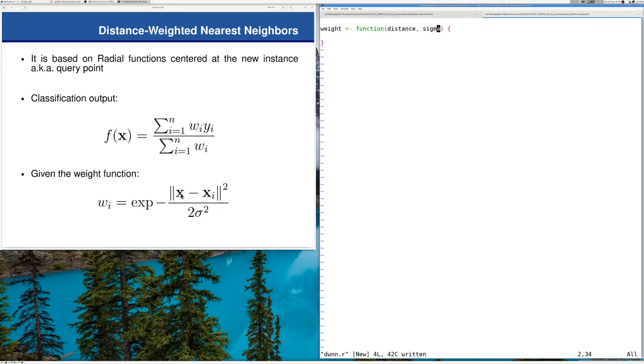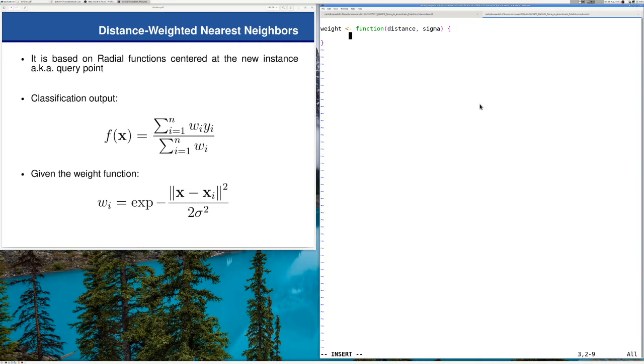The distance is the difference from my query point, which is my new instance, to an instance I have in my data, in my knowledge base, or in my training base, if you guys prefer to call it that. And this is the Euclidean distance. This is basically the Euclidean distance, or the Euclidean norm squared, as you guys may notice.